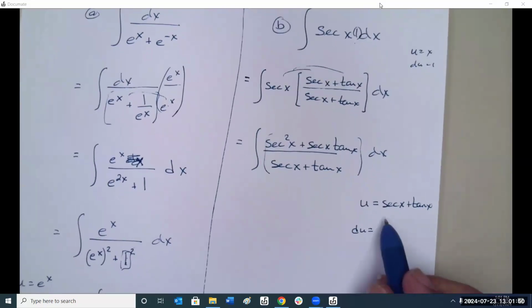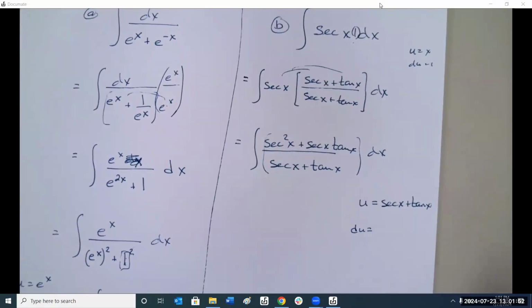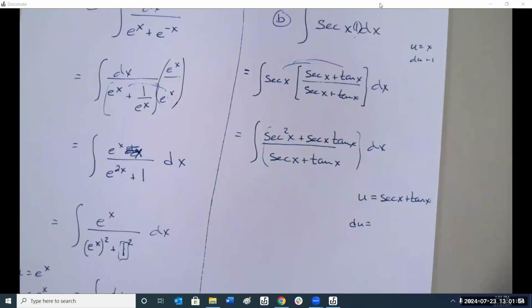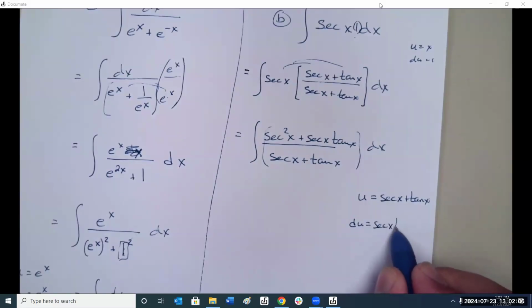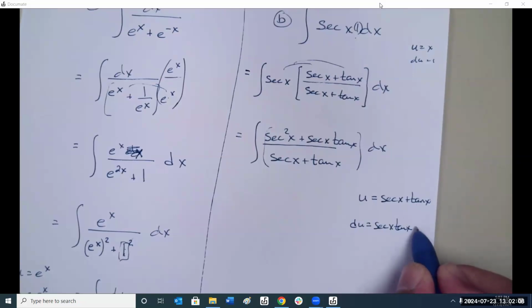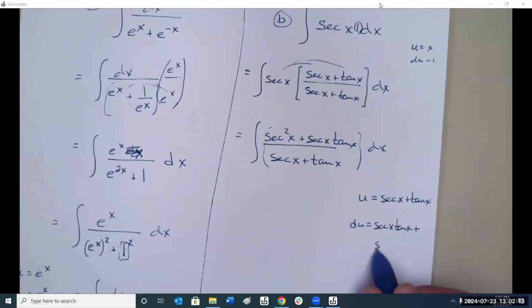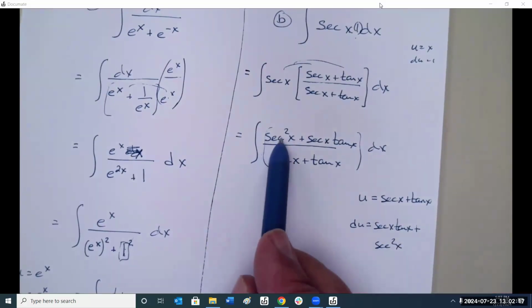What's the derivative of secant? The derivative of secant is secant x tangent x. What's the derivative of tangent? Secant squared x, which is what we have up here.